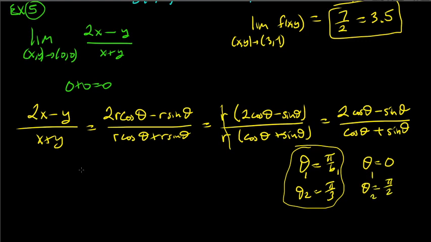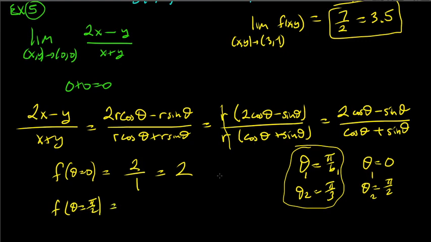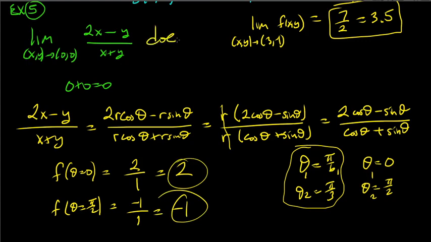So when you plug in theta equals 0, the numerator is 2 and the denominator is 1, so you get 2. When you plug in theta equals pi over 2, you get negative 1 divided by positive 1. You get negative 1. So yeah, if you don't get the same thing, for sure we can say that this limit does not exist.